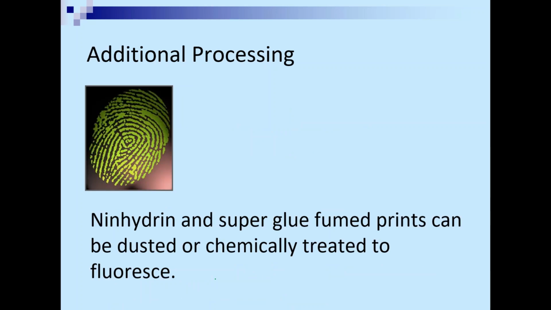For all of these chemical processes, especially superglue, but to a lesser extent anhydrine, you can also further process them by dipping them in a fluorescent dye or with some other chemical. Remember, the goal of fingerprinting is always to get an image where you can differentiate the ridges from the furrows.